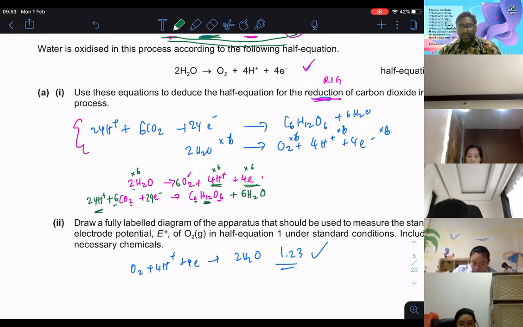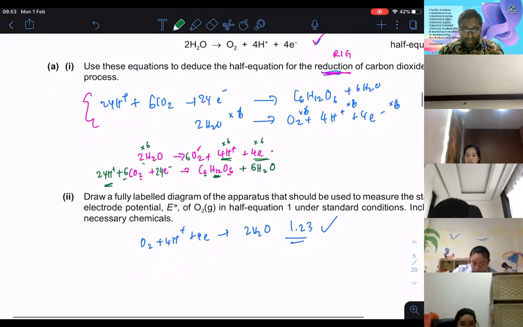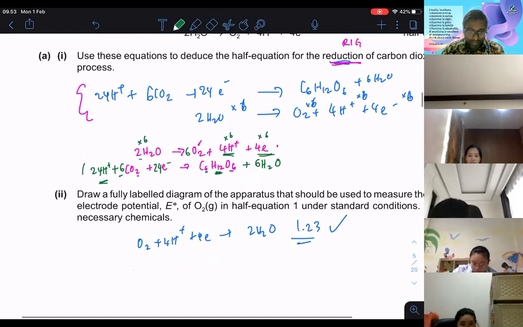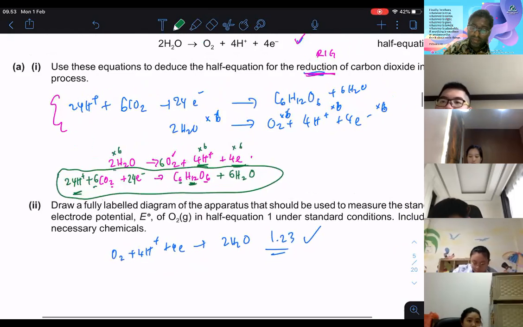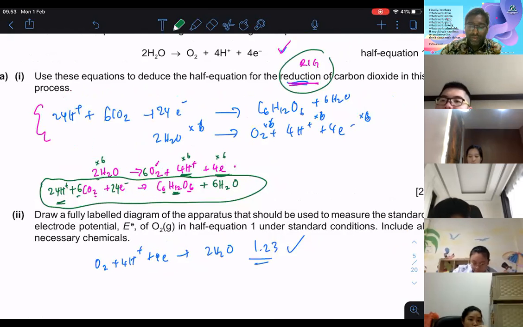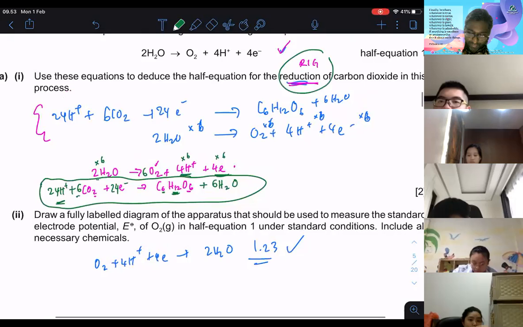So I get something like this, and this is my half equation. So this is how I came about with the formation of the half equation. Every single detail that they have mentioned over here is going to help you in coming up with this.